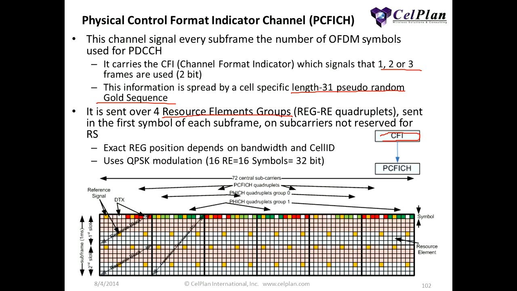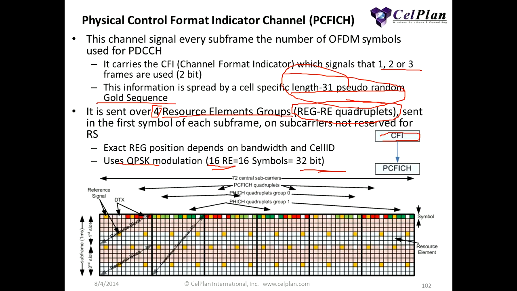This signal requires 4 of those quadruplets, so it has 16 resource elements allocated to it. Because it uses QPSK, it can send 32 bits, and what a coincidence, a 32-bit pseudo-random code sequence.